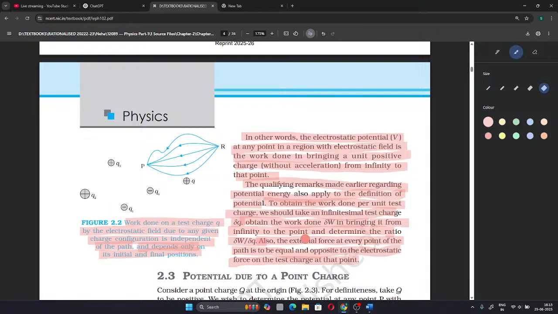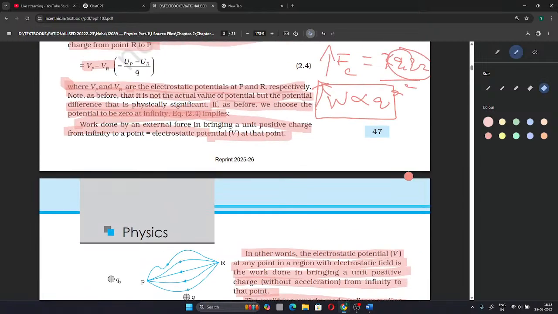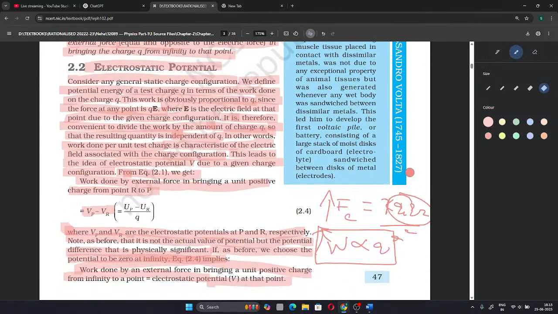Let's read the paragraph again. Electrostatic potential: consider any general static charge configuration, meaning a charge fixed at a point.